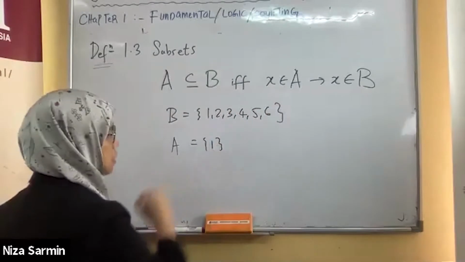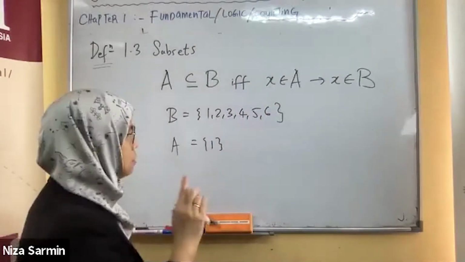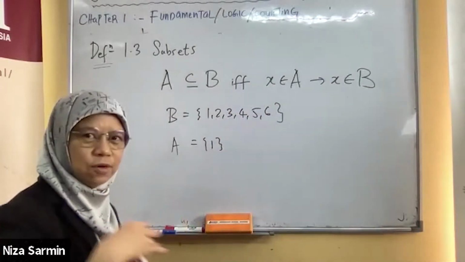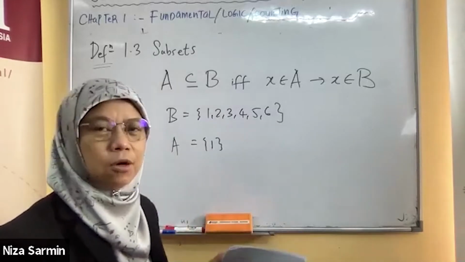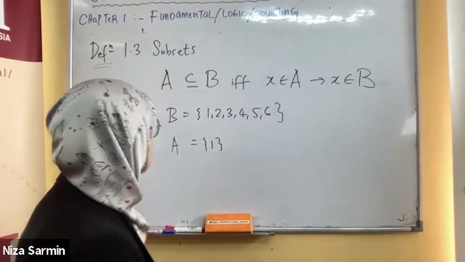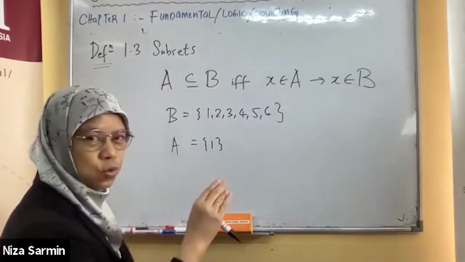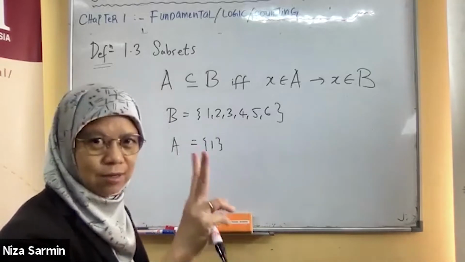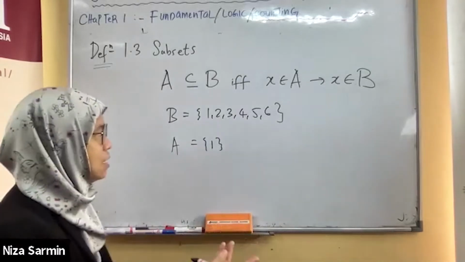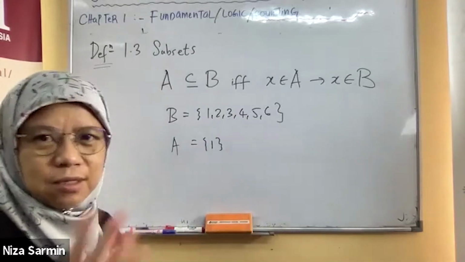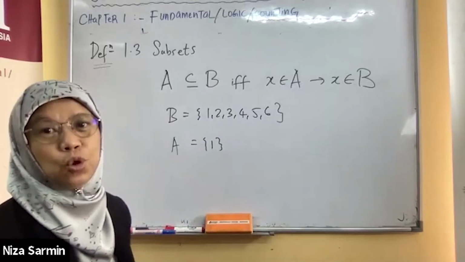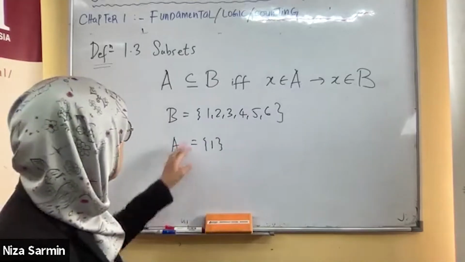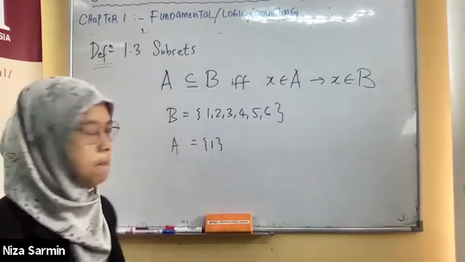You can have a subset of just 1, or 2, or 3, or 4, or 5, or 6. That's a subset of just one element. Or you can have {1, 2}, {1, 3}, {1, 2, 3}, {4, 5, 6}, and so forth. So many subsets that you can put as a subset of B.